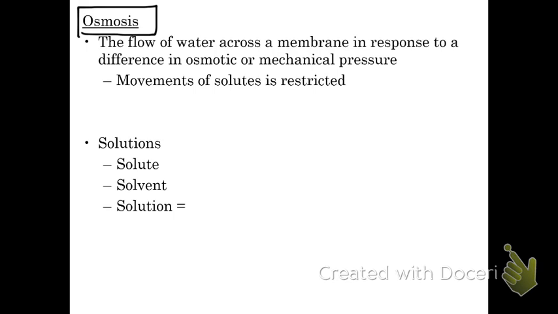So here we're talking about a membrane. Think cell membrane, right? All the cells in your body have a membrane. Osmosis is the movement of that water across a membrane in response to a difference in pressure. Let me help you with this. When you're thinking about osmosis, I only want you thinking about water.